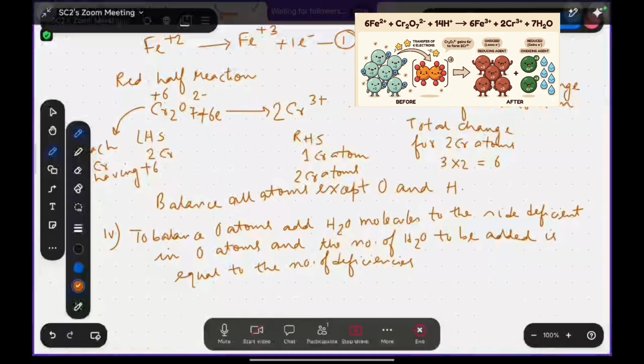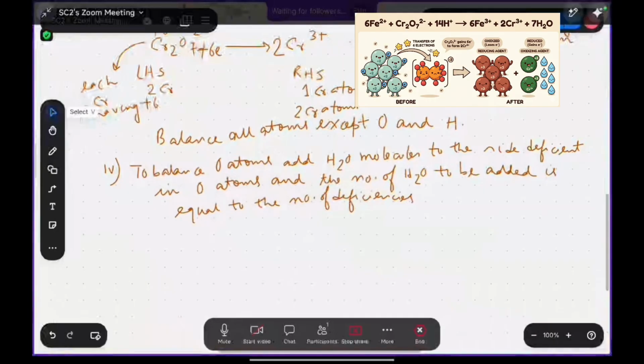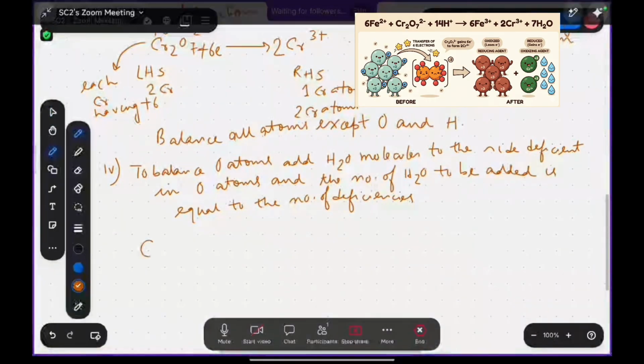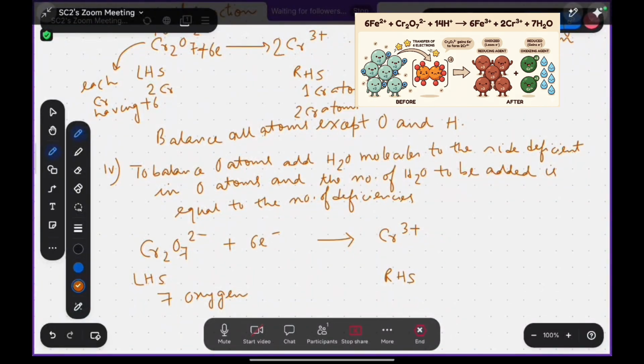Like for example, in this reaction, what can you see? Here we are having Cr2O7 2 minus plus 6 electrons. On the right hand side we are having chromium plus 3. On the left hand side we are having 7 oxygen atoms. On the right hand side there are no oxygen atoms at all.